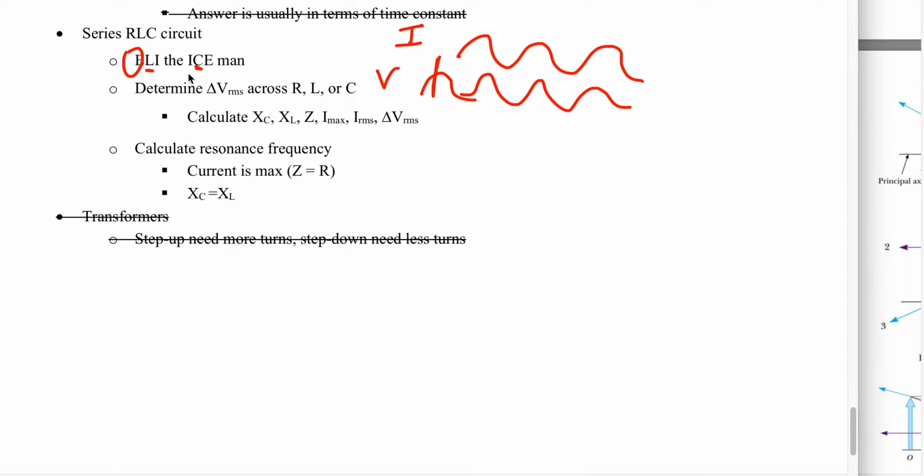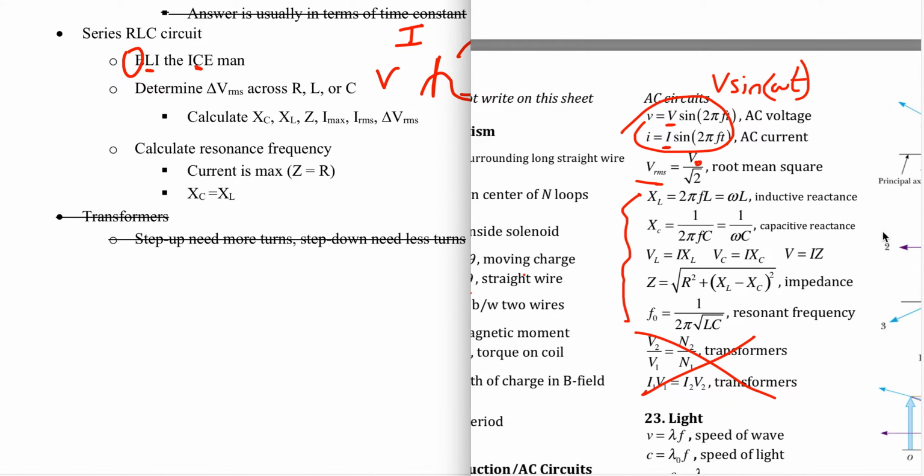And for the capacitor, the current leads the voltage. So if you have an RLC circuit, then you're probably going to need to calculate some of these values here. The inductive reactance, think of it as the resistance of the inductor.